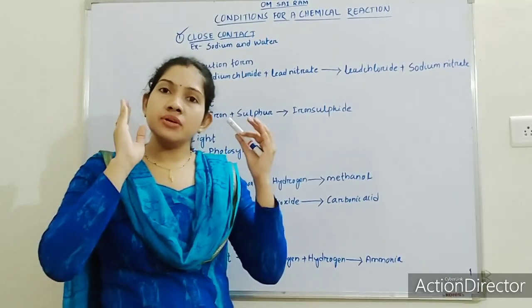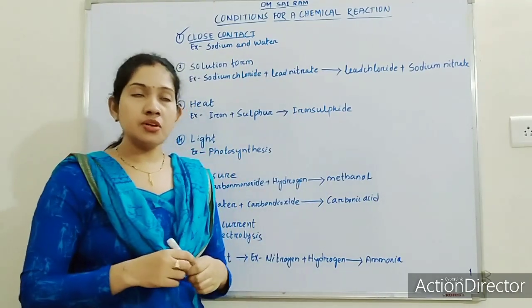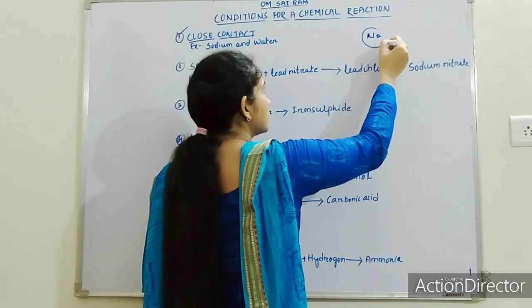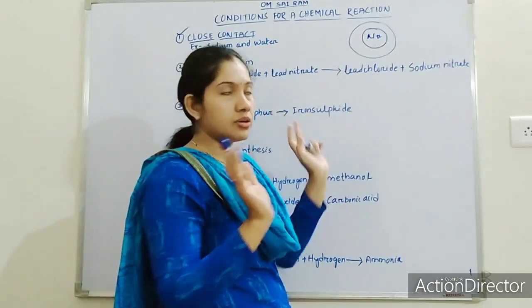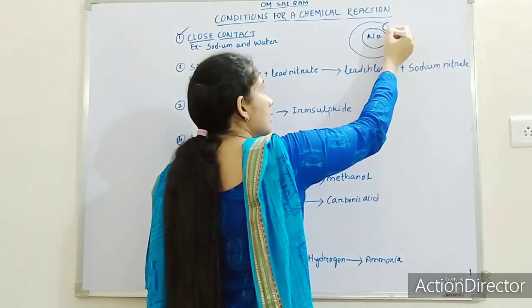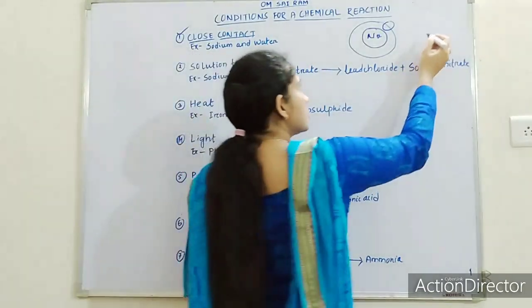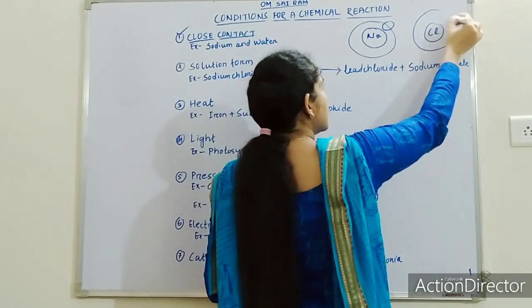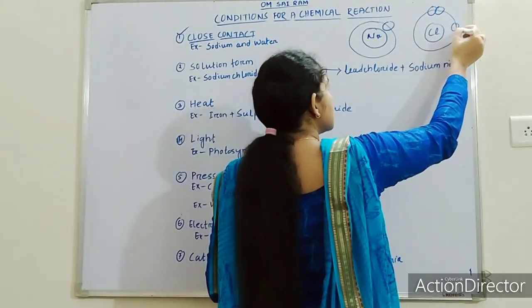There we observed that one electron from the valence shell, here I am showing only the outermost shell, there is a single electron in the outermost shell of sodium, and in the outermost shell of chlorine there are 7 electrons.